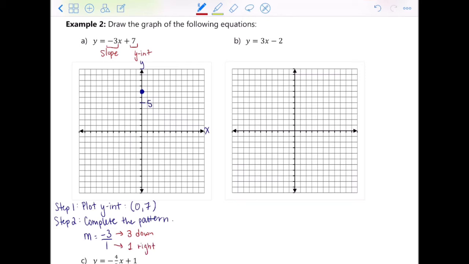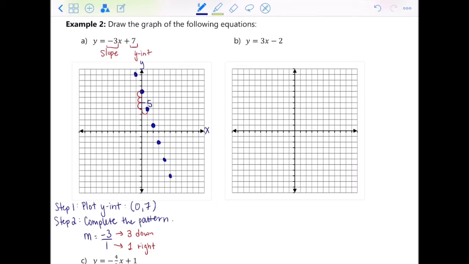From that y-intercept point, we go down 1, 2, 3, and then 1 to the right. So our point is right here. Next point will be 3 down and 1 right, and you continue the pattern. You can also go backwards this way as well. So it is possible to go both ways.